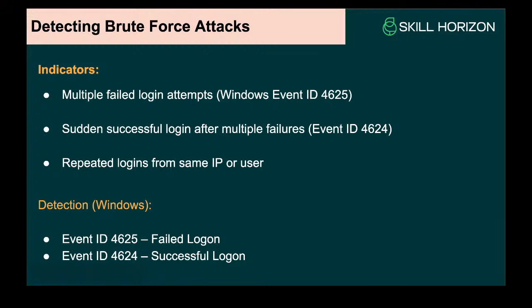So the event ID 4625 will be created, but if your password is not particularly secure and somehow the attacker got the password, now you will see a successful login. So all of a sudden, whenever you are receiving multiple failures and then suddenly a successful login is found, that might be the indication of a brute force attack. The successful login event ID will be 4624.